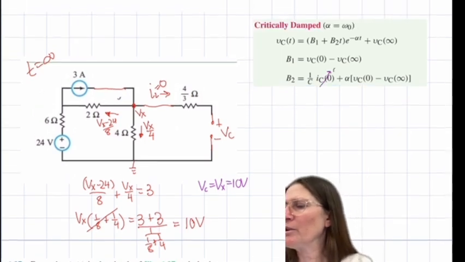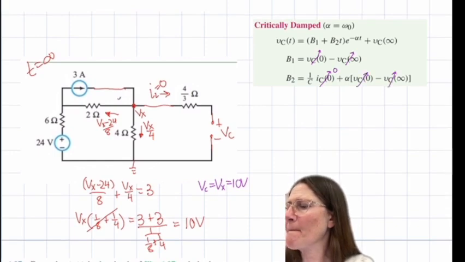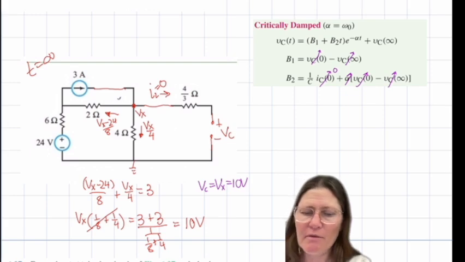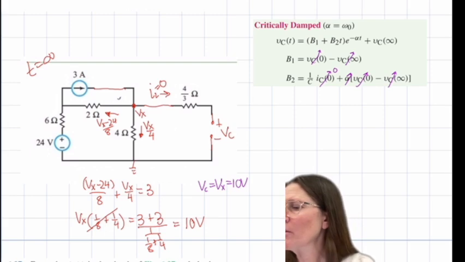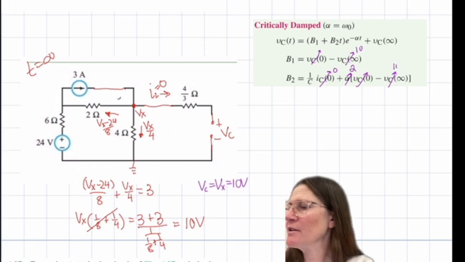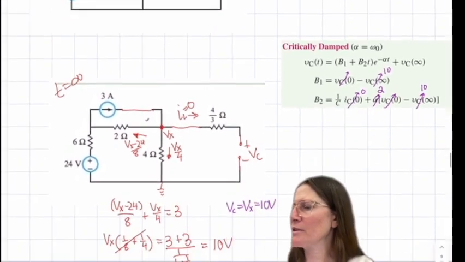So this was 0. Alpha was 2, I think, if I remember right, 2. So alpha is 2, VC of infinity is 10, and VC of 0 was 8.